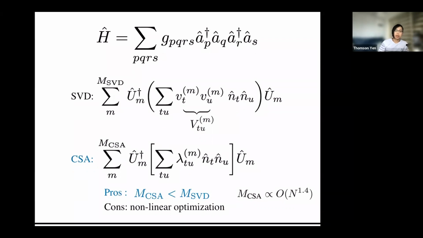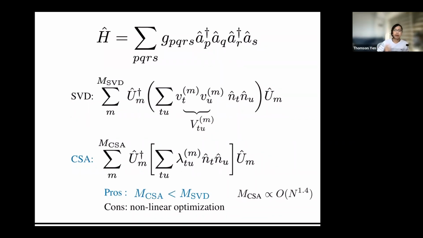So this is a rank 1 matrix, really, whereas lambda could be anything, of any rank. In a sense, the CSA decomposition has a more general form of the measurable group compared to the SVD method. That's why you'd expect that in terms of the number of groups, M_CSA would be lower than M_SVD.